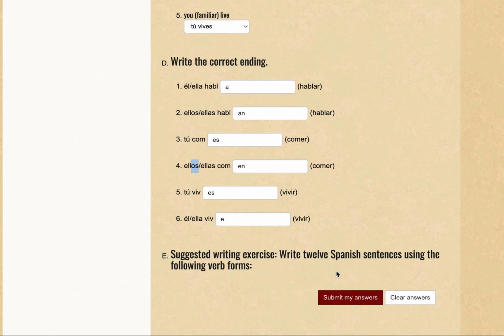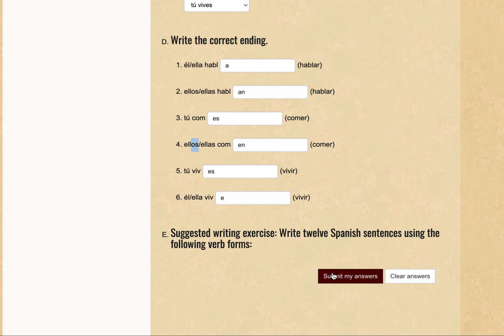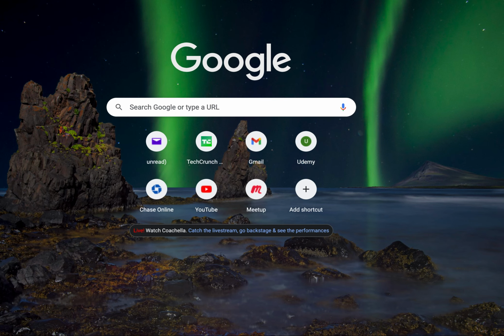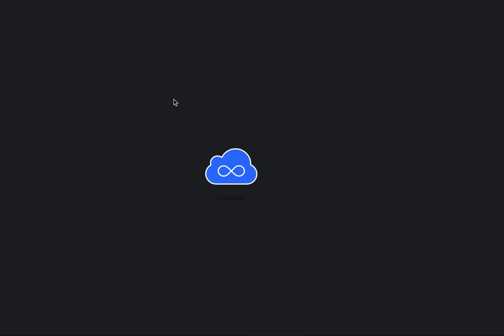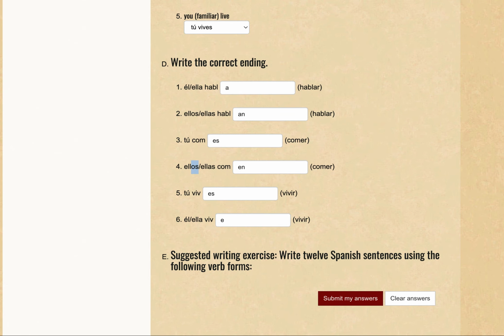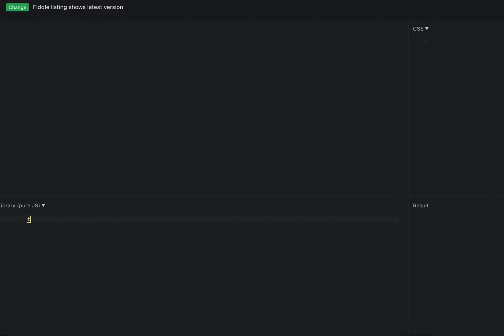Write 12 Spanish sentences using the following verb forms. Okay. So let's try to do that. Alright, let's start with tú here.